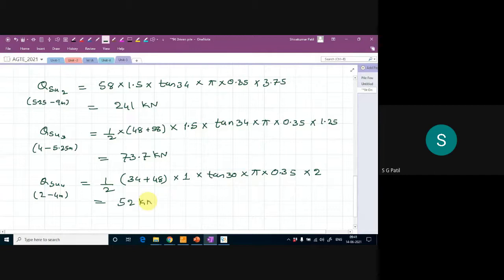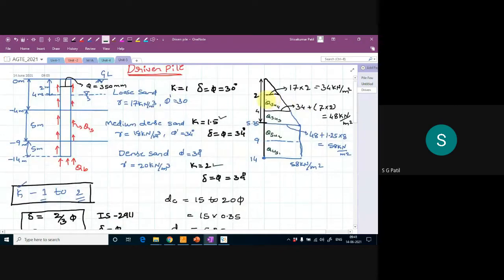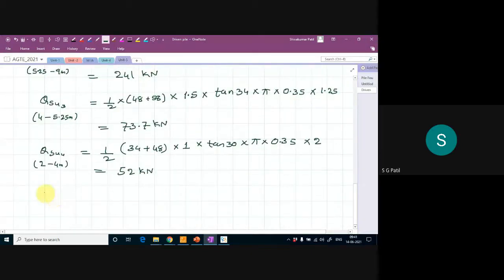52 kilo Newton. I think one more layer is left now. So this QSU5 I will take, between 0 meter and 2 meter. Again half of 0 plus 34, into 1, into tan 30 into pi into D into L, L is 2 meter.